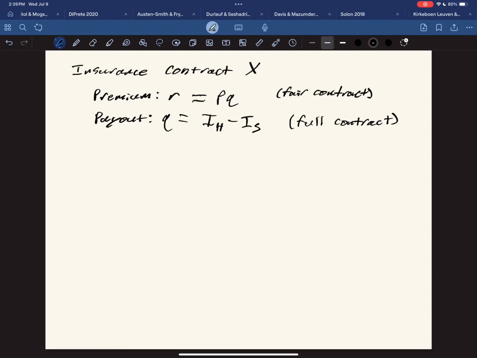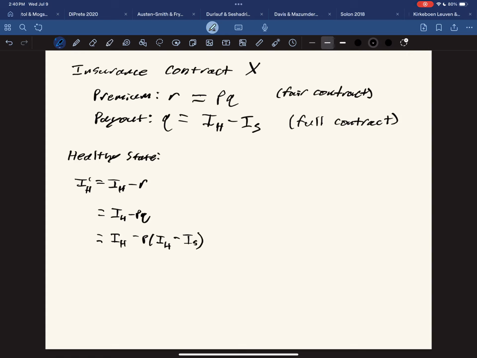So what happens in the healthy state? My income in the healthy state, I prime H, is equal to IH minus R, which is equal to IH minus PQ, which is equal to IH minus P times IH minus IS, since that's what Q was.